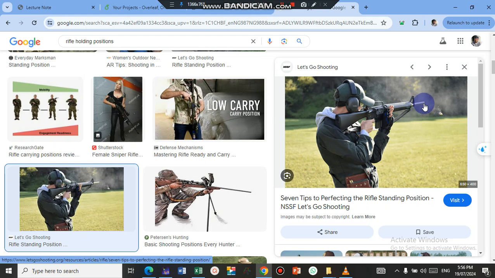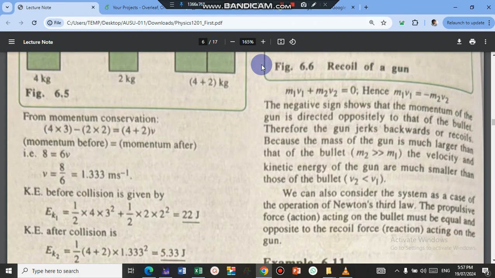If the bullet is fired here, then the rifle will move backward. You see that? So if you hold it against your chest, it's going to hit you on the chest. This is part of military training to make sure that the laws of physics are always obeyed. Okay, let's go back.